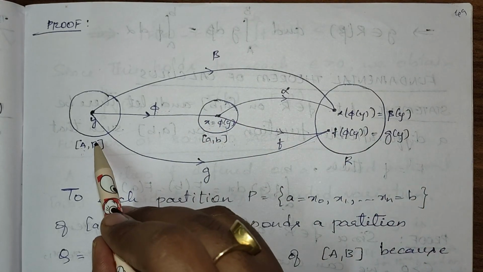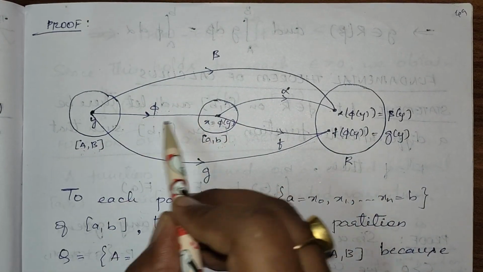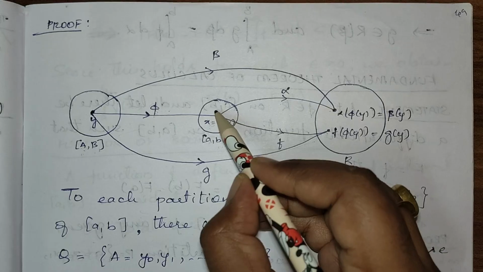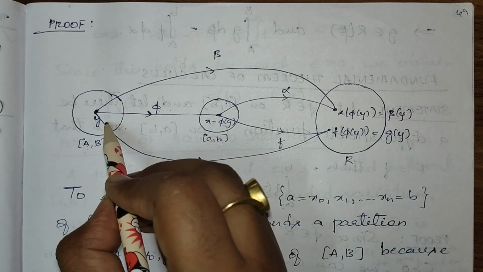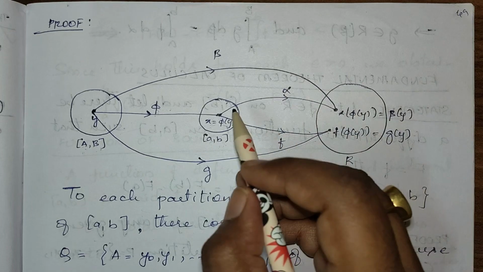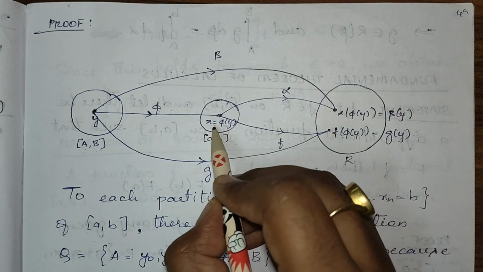Okay, so that mapping is onto. Onto means each and every element in the codomain has a pre-image in the domain. So that is the meaning of onto.